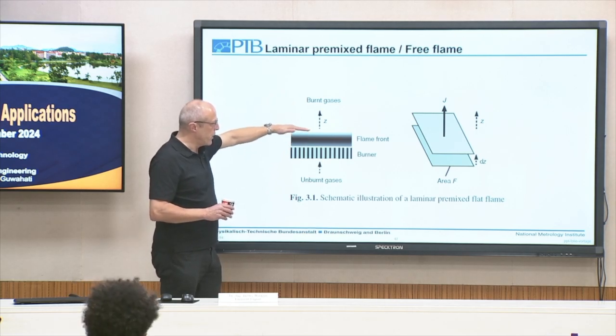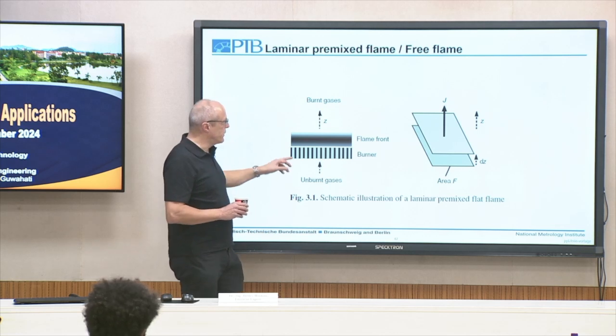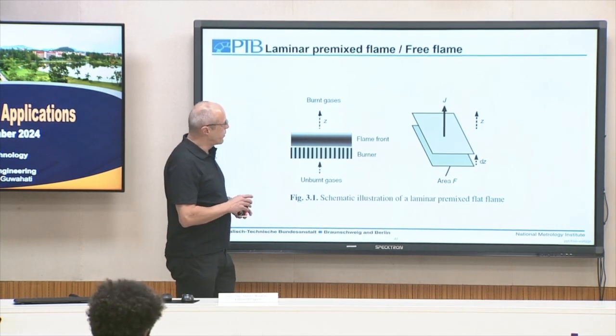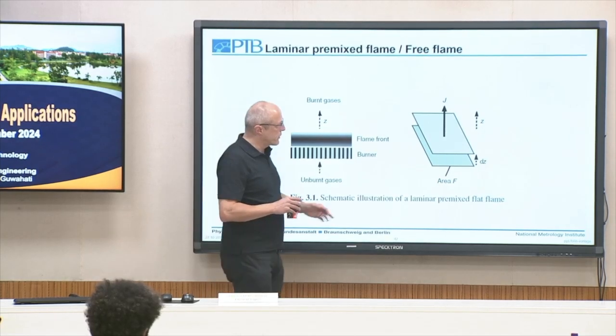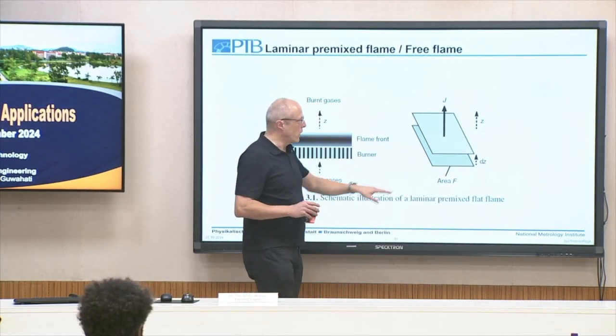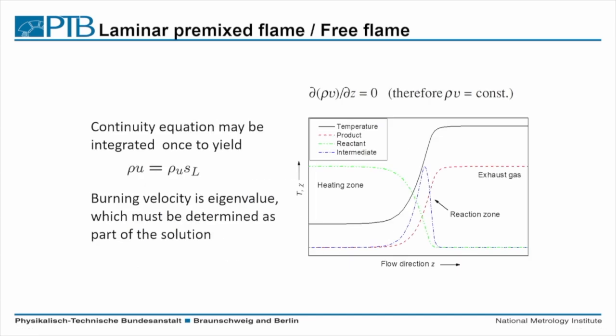And the position of the flame front, of course, depends on the outflow velocity and on the flame velocity of the flame. And the assumption is that we have dependency only in flow direction, so that all other gradients are zero. So we have again a one-dimensional system here.